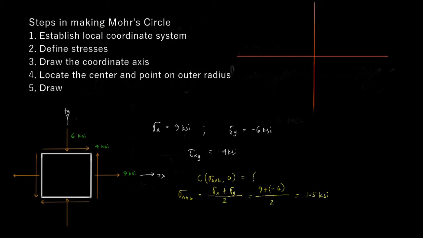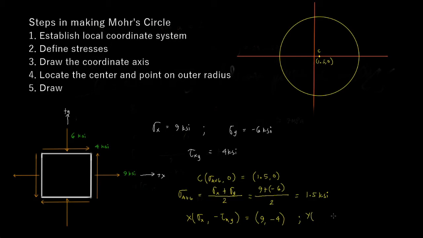Now we know that our center is at the coordinates of 1.5, 0, and the first point on the outer radius, which we're going to call X, is sigma X and negative tau xy, and Y is going to be sigma Y and the positive shear stress.